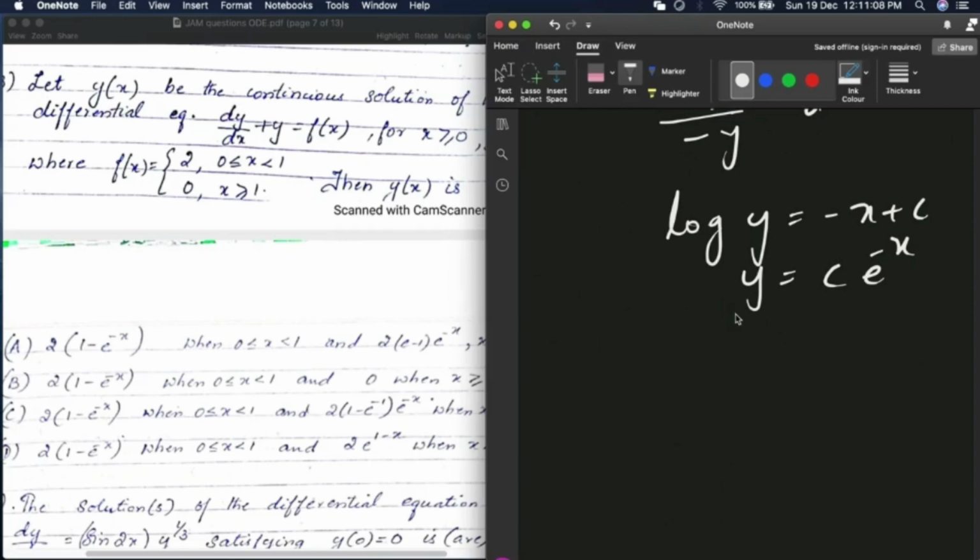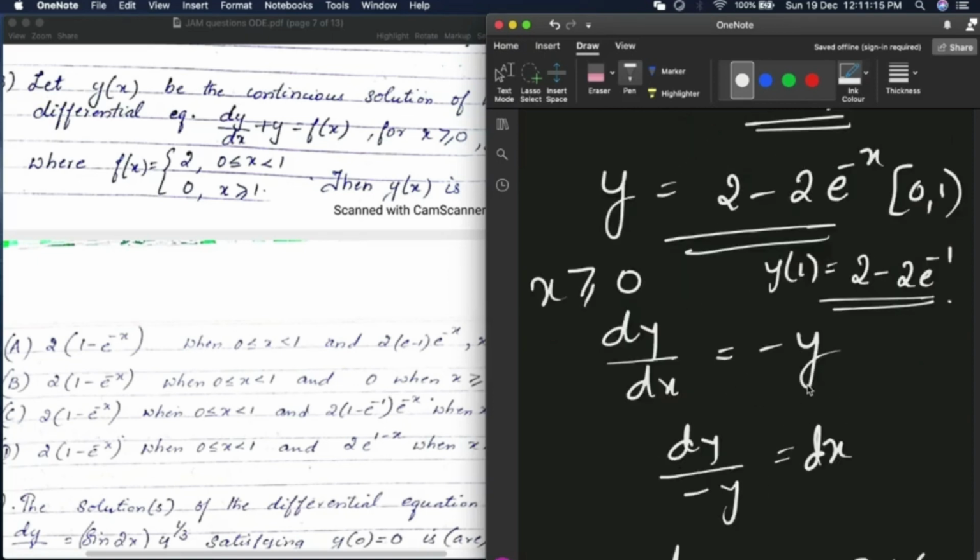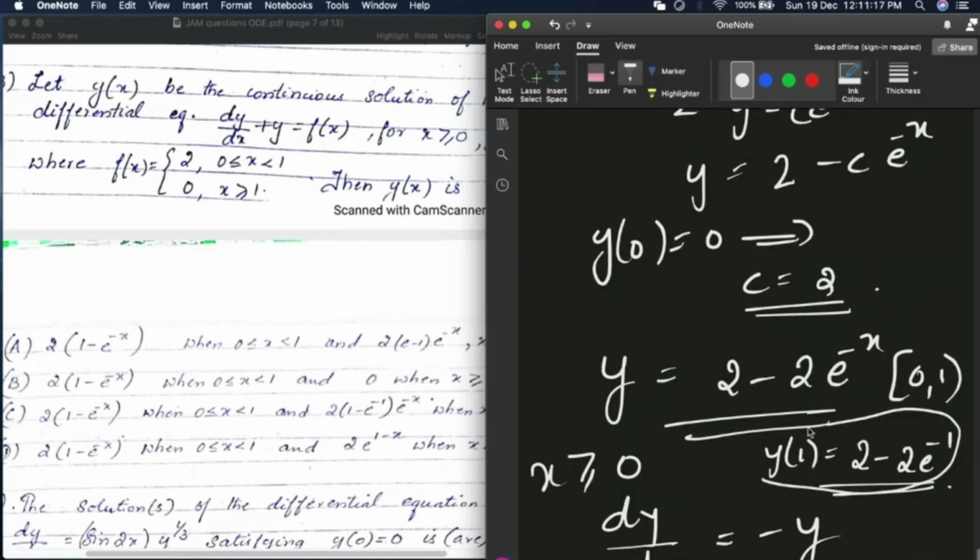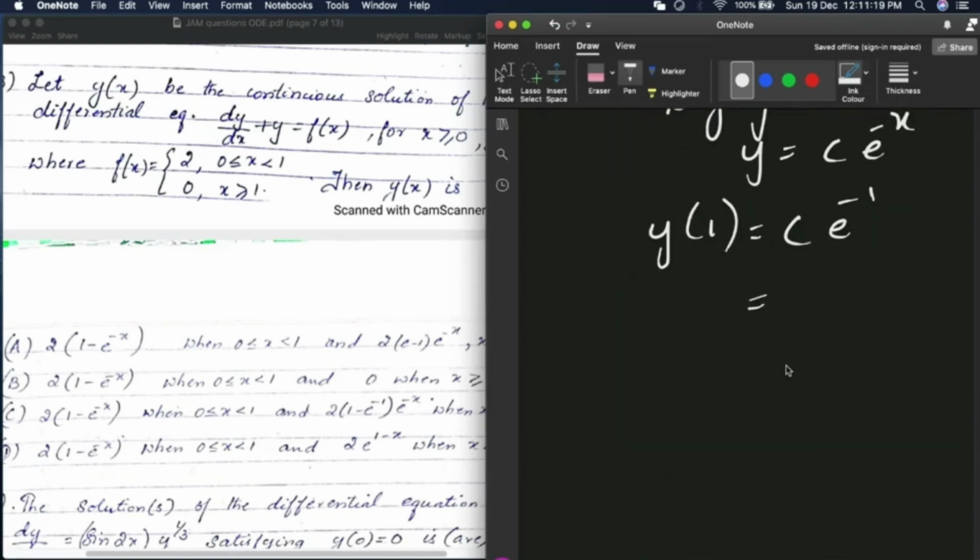So here from this equation, y of 1 is c e raised to minus 1. So this should be the same as your value here also. That's why it is given continuous, 2 minus 2 e raised to minus 1.